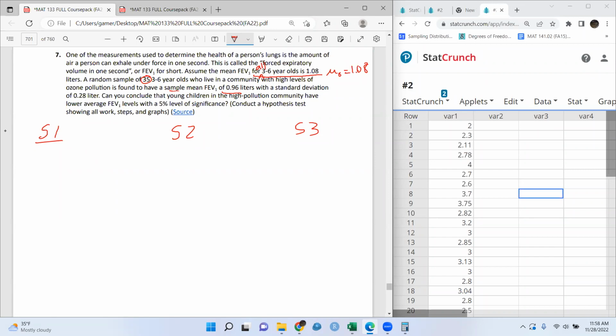It also says sample mean, meaning x bar equals 0.96. That's what we would put into StatCrunch later. Yes, you're putting this in for the sample mean in StatCrunch, and you're putting the other in the hypothesis step. Got it. Good.